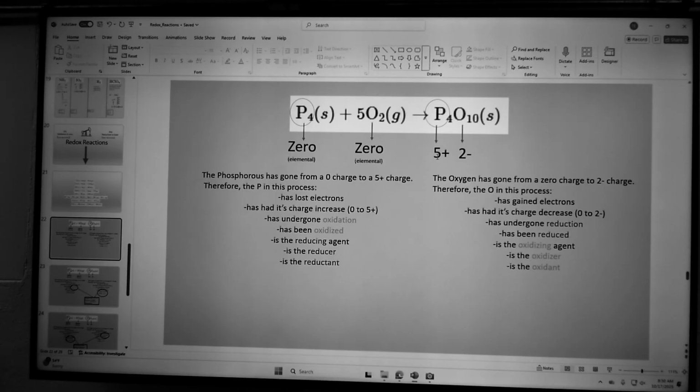So this thing that underwent oxidation has been oxidized. Phosphorus has. It lost electrons. But in this case, because it can cause reduction, we say it is a reducing agent. You could also say it's a reducer, and it's sometimes called a reductant.